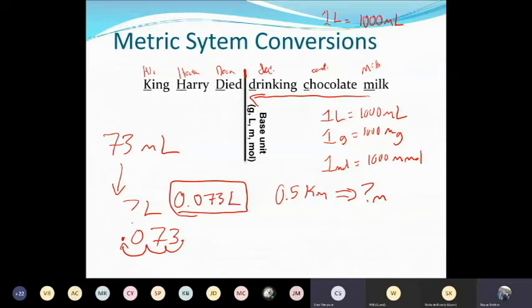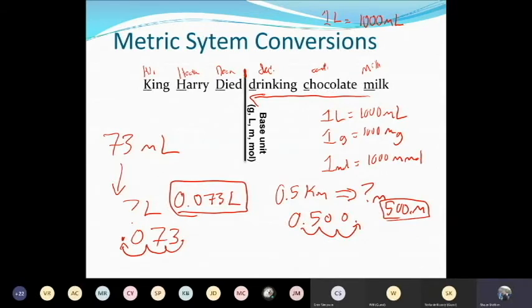It's the first one. And how many places to the right would you go to get to a meter? Three. You got it. So we take the decimal place and move it 1, 2, 3. So you would end up with 500 meters.